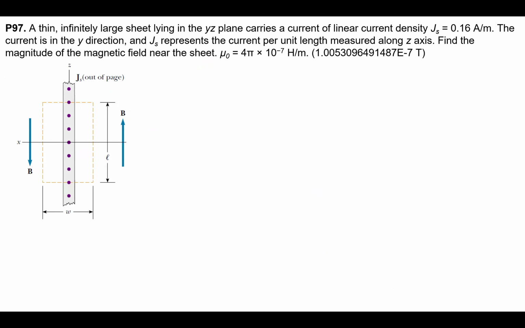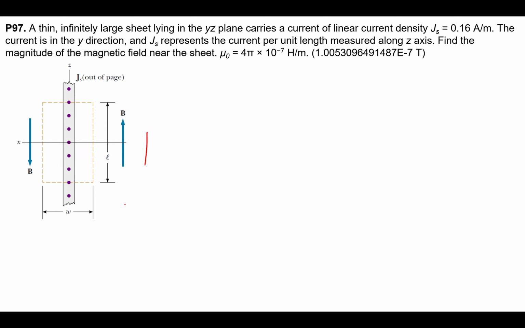Okay, so a thin, infinitely large sheet lying in the YZ plane carries a current with linear density of this much. The current is in the Y direction.